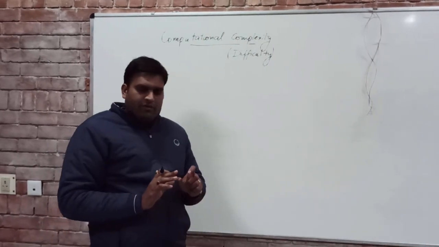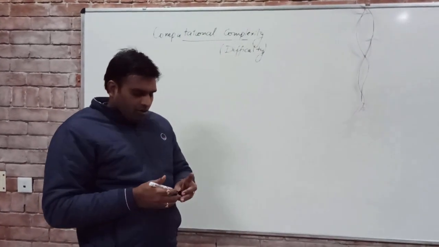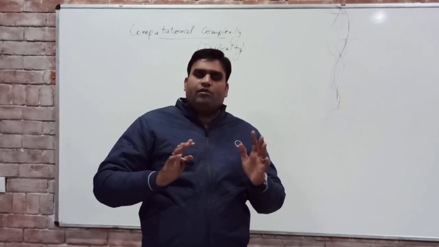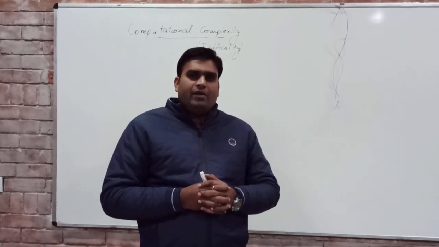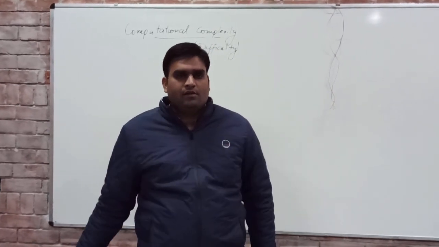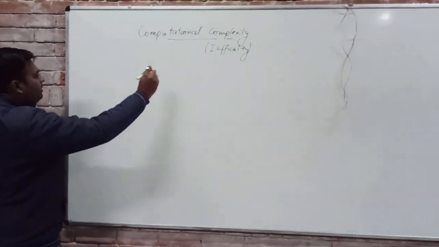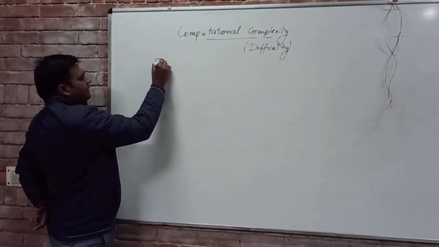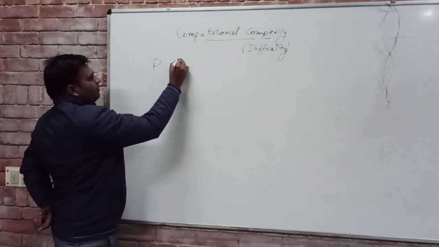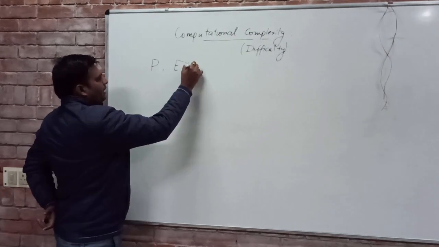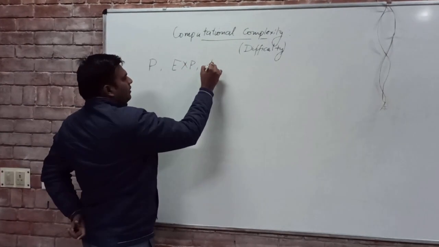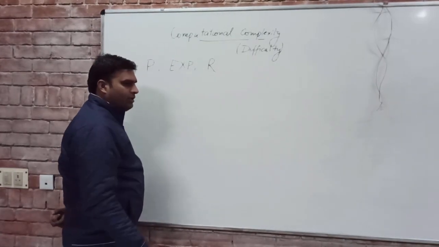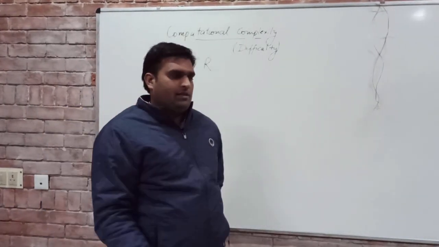There are several problems, and all the problems have different levels of difficulty. So the problems have been divided into classes. Initially we are going to discuss 3 classes: P class, EXP class and R class. We are going to divide the problems into these 3 classes.